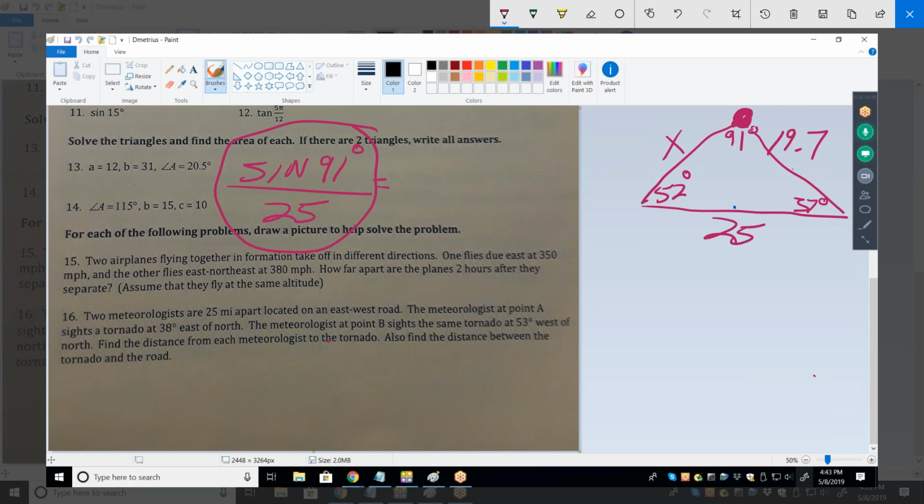So sine of 91 over 25 equals sine of 37 over x.